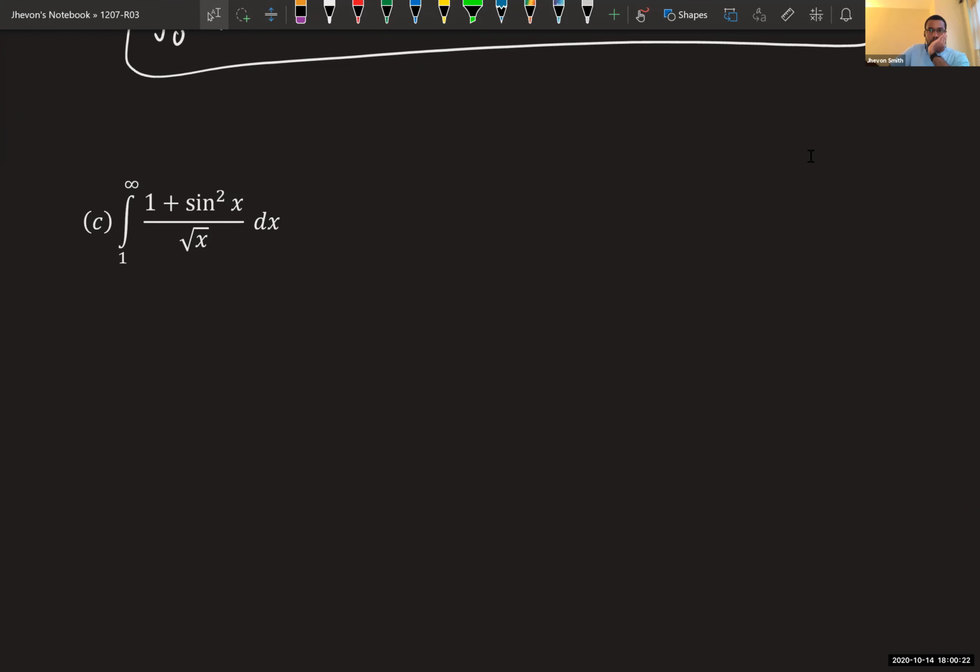Would you also have to use the squeeze theorem for sine squared x? Sure. What would you say? Well, technically we're not using the squeeze theorem, but the intuition would come from the squeeze theorem. Because if you were to use the squeeze theorem to calculate the limit as x approaches infinity of this thing, that's what you would do, right?